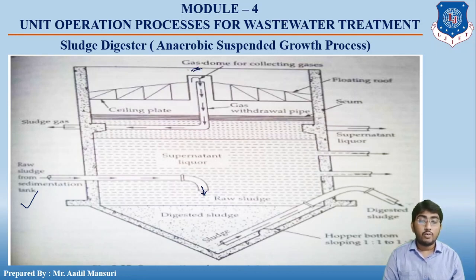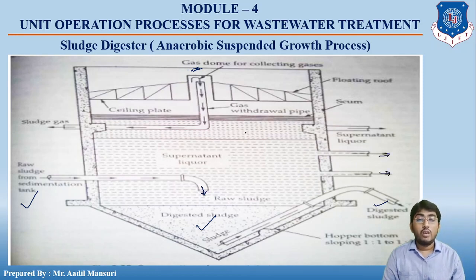Now you can see that after the process is complete, the digested sludge is settled at the bottom, which is removed. Whatever the supernatant liquid is there, that is the effluent, that will be removed from this side.